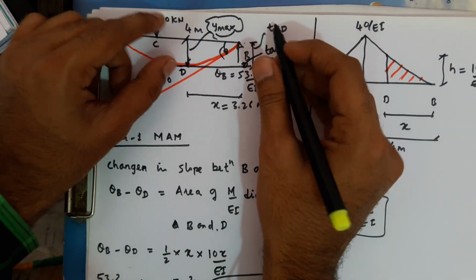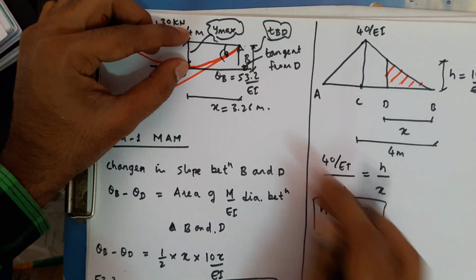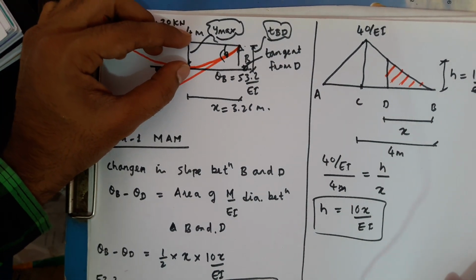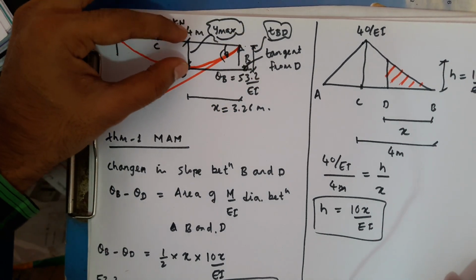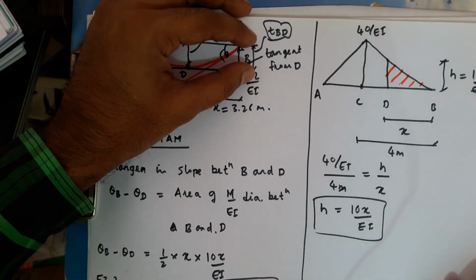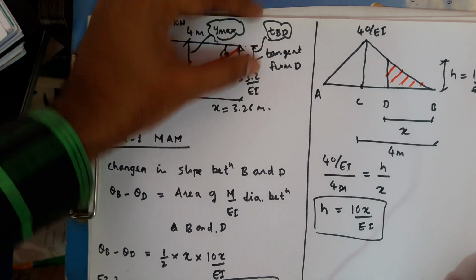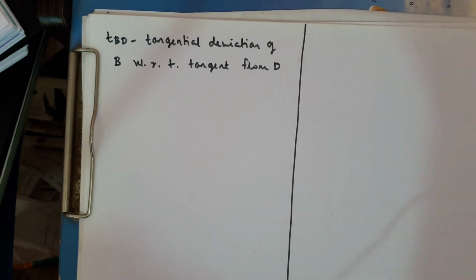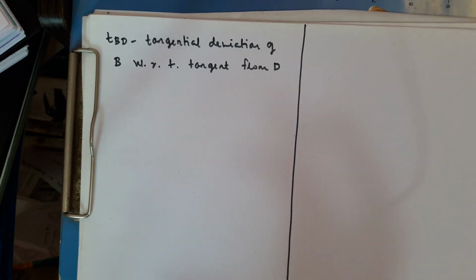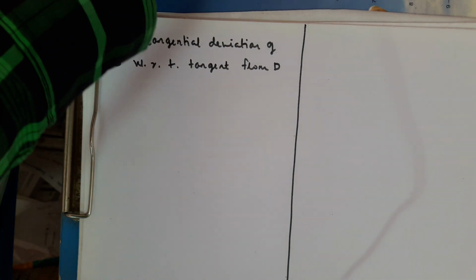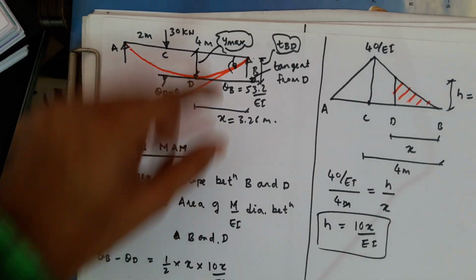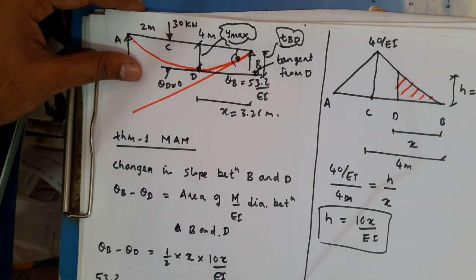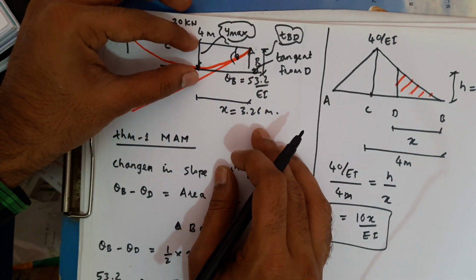If you are calculating TBD, you are calculating this Ymax. From the geometry it is clear that Ymax is equal to TBD, and TBD we can calculate by using theorem 2 of the moment area method. So we have to calculate this TBD, which is the tangential deviation of B with respect to the tangent from D. I showed you here this thing and this TBD is equal to Ymax.